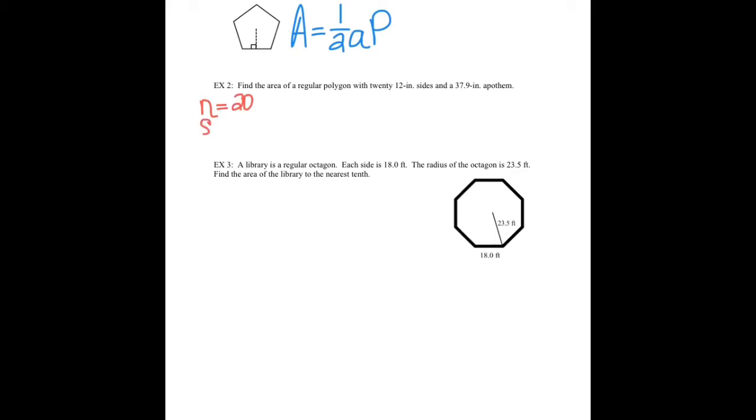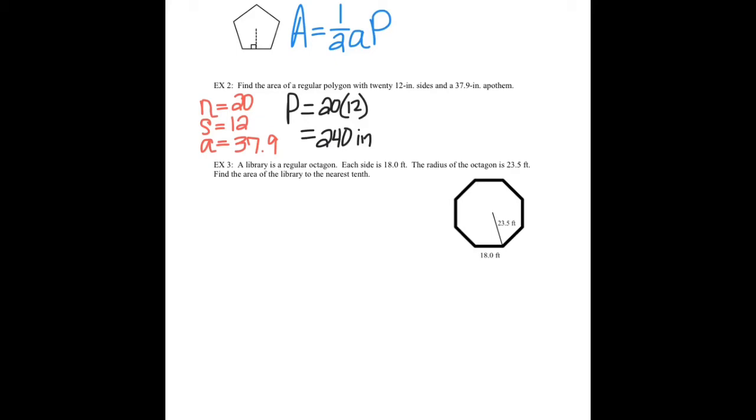I know that the side length is 12, and the apothem is 37.9. What I don't know is the perimeter, but I can find it, because I know the perimeter all the way around is the number of sides multiplied by the measure of each side. So the perimeter is 240 inches.